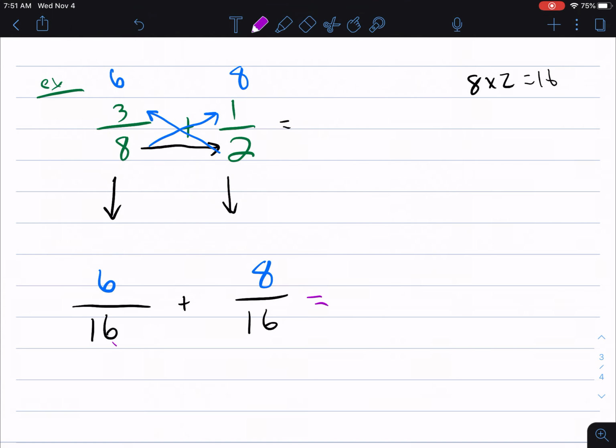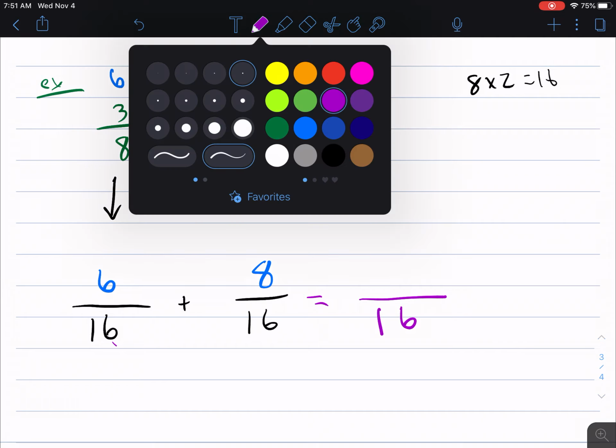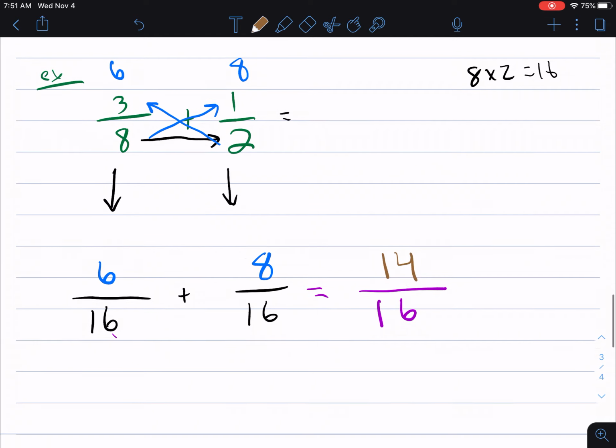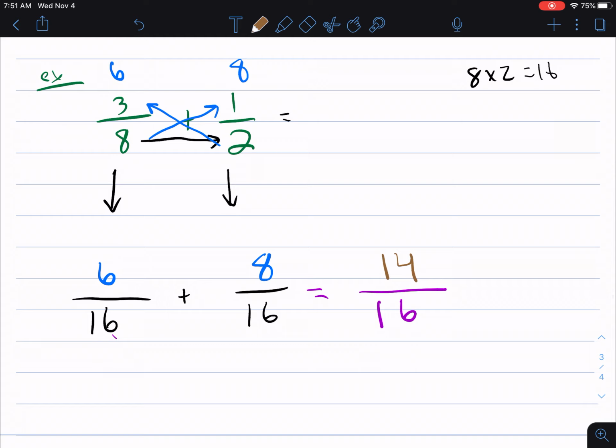The bottom is the same. It stays the same. Se queda igual. 16. And then you just add the top. 6 plus 8 is 14. And then you simplify.